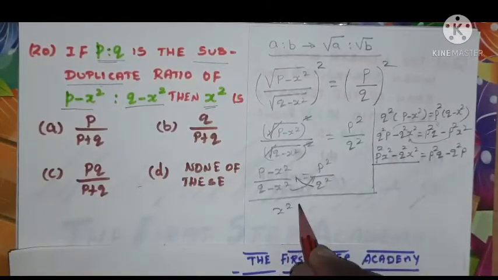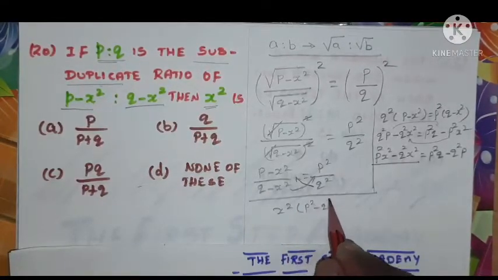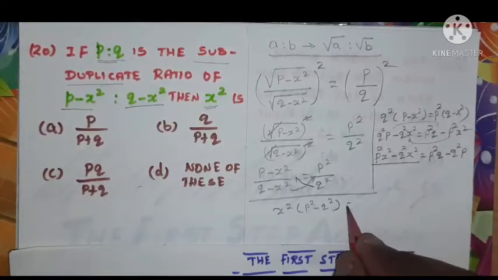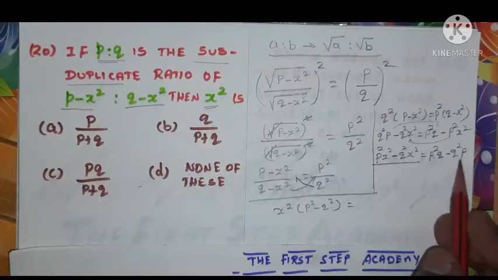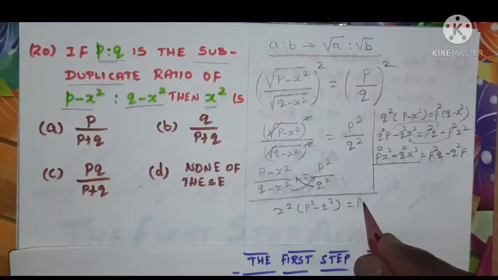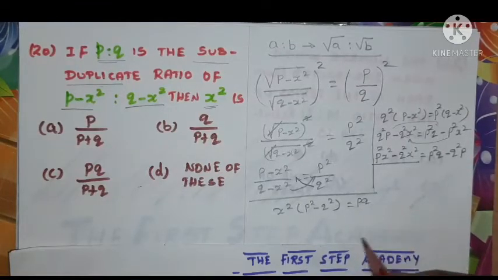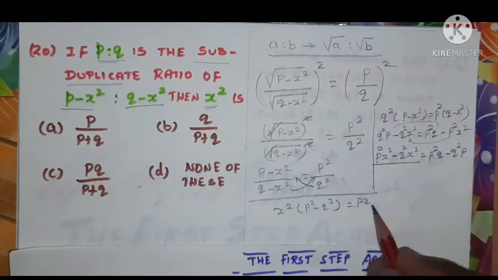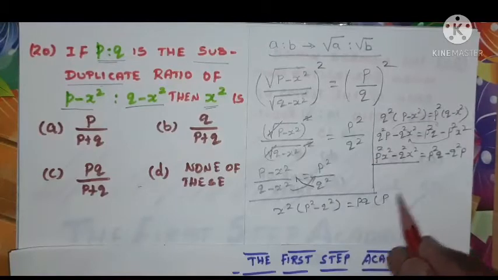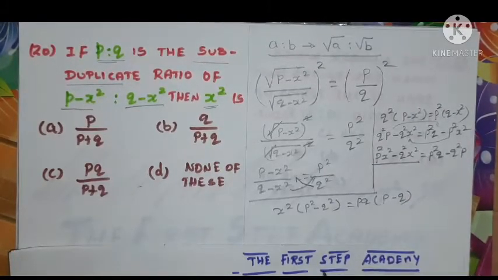So x squared into P squared minus Q squared is equal to, here look out, PQ is common in both, right? Here P remains, here Q remains. So P minus Q. Right?